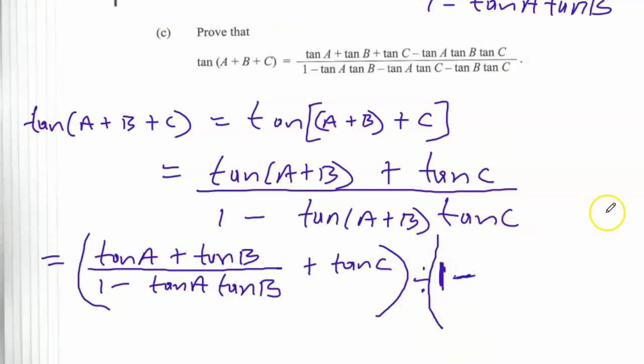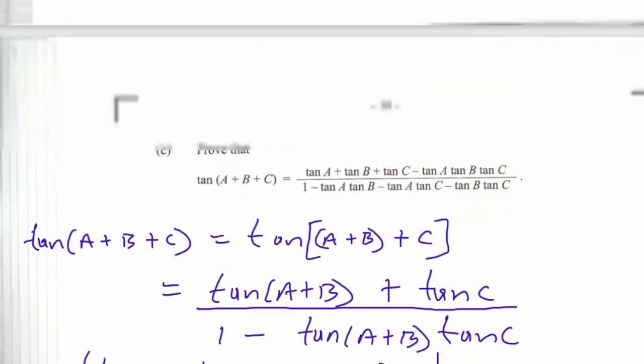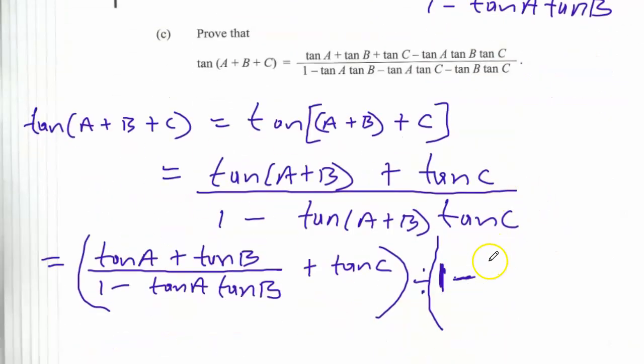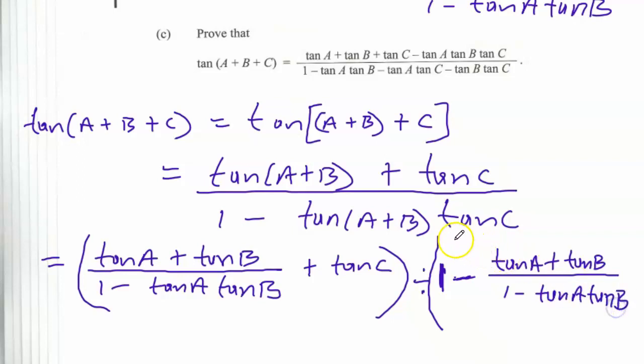The second bracket has the denominator 1 minus tan A plus tan B over 1 minus tan A tan B, and all of this is multiplied by tan C.